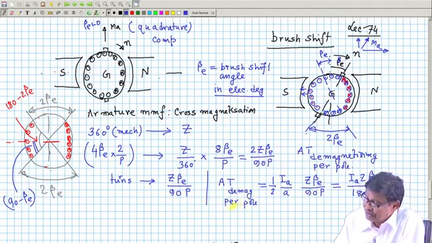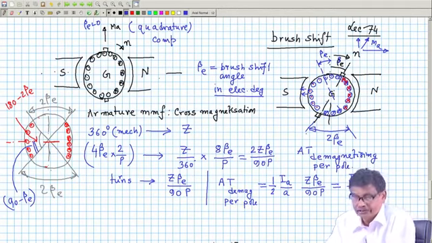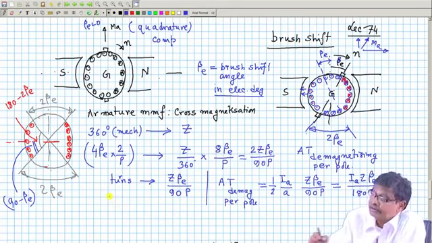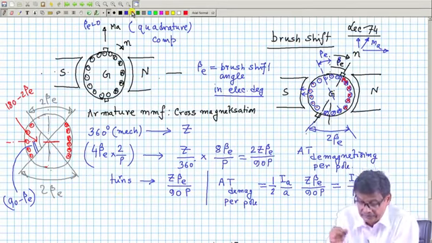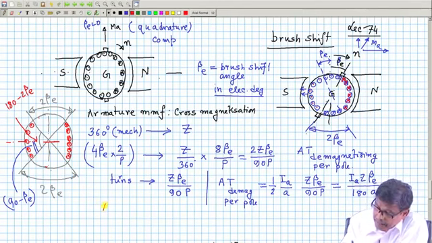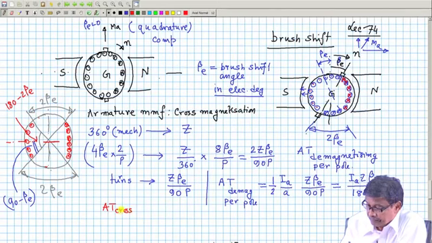So, ampere turns demagnetizing per pole is this one. Now I write with a different color the ampere turns cross magnetizing per pole, I have to calculate per pole.